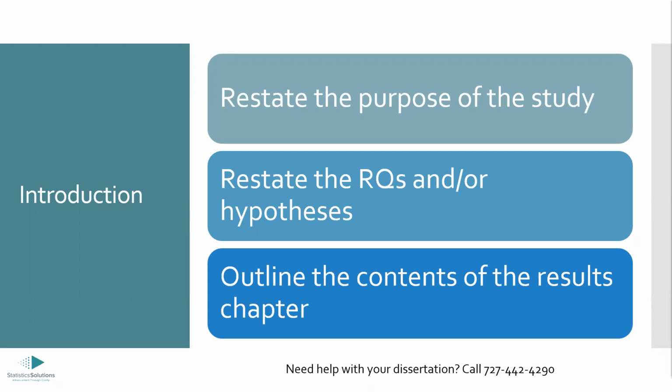Anytime your research questions and hypotheses appear in your document, they should be written the exact same way, using the exact same wording every time. And then for outlining the contents of the chapter, you can simply list out the section headings that will appear in the results chapter.